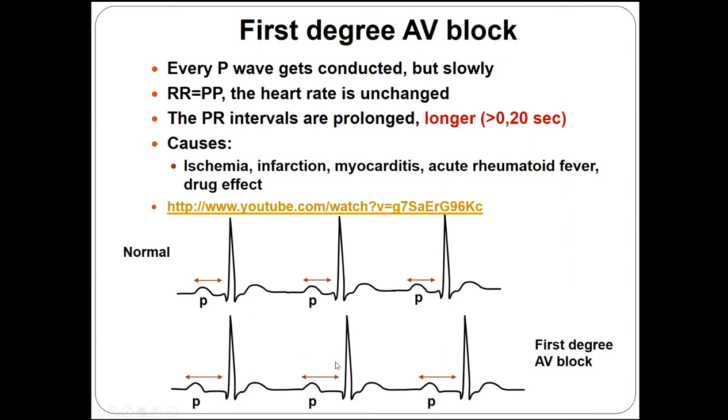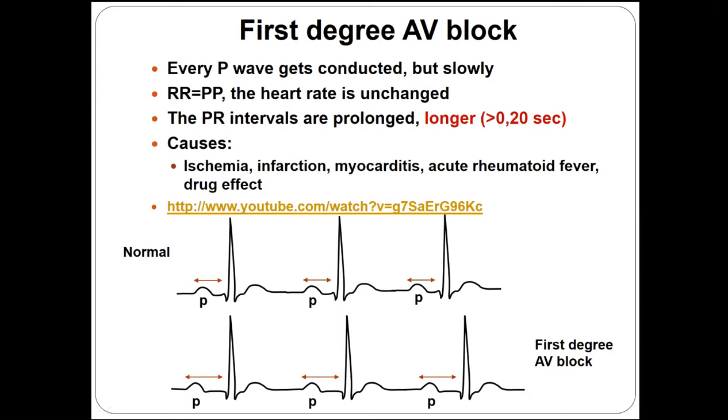Because the velocity is the same, this is why it's rhythmic. So what we have to look at, from the beginning of the P to the beginning of the QRS, is that this PR interval is elongated. But every P is followed by a QRS, so that's rhythmic. And you can say that it is over 0.2 seconds.